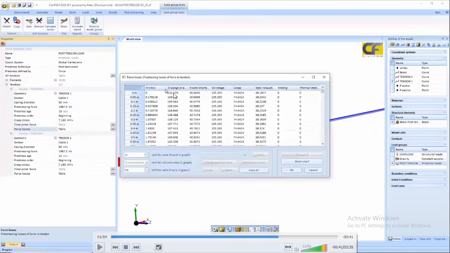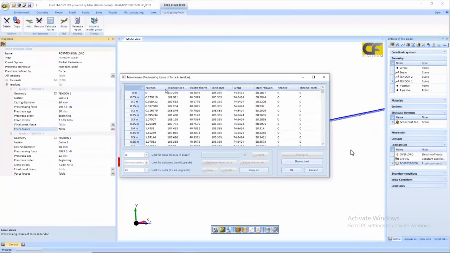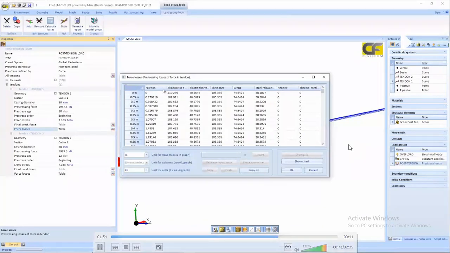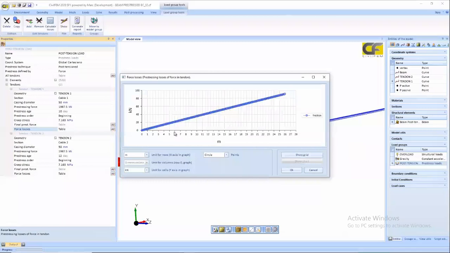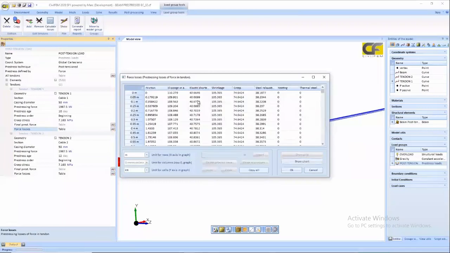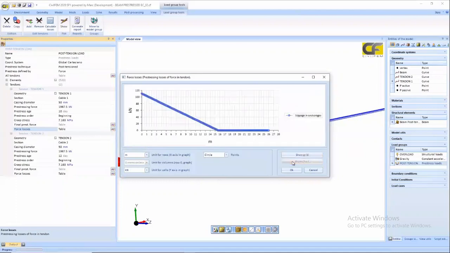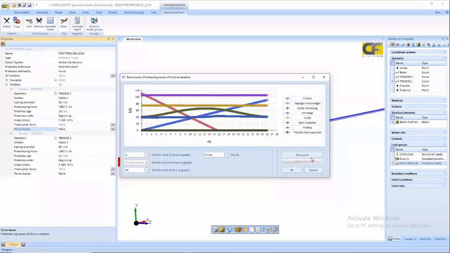Ayan, as you can see guys, ito yung mga losses due to friction, slippage, shortening, shrinkage, creep, steel relaxation, heating, thermal stress. Okay? So that's more deeper analysis for the pre-stress for the real job application. Okay? Losses here for friction, or all of them are displayed here.